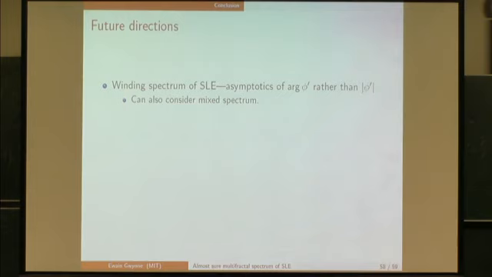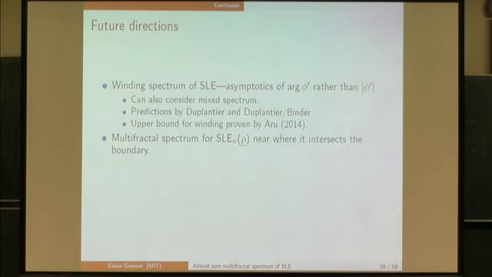And you can also consider something called the mixed spectrum, where you consider the argument and the modulus at the same time. This winding spectrum and mixed spectrum have also been predicted by Duplantier and Binder in various papers. And actually, an upper bound for the winding spectrum was proven by Aru, who's going to give the next talk today.